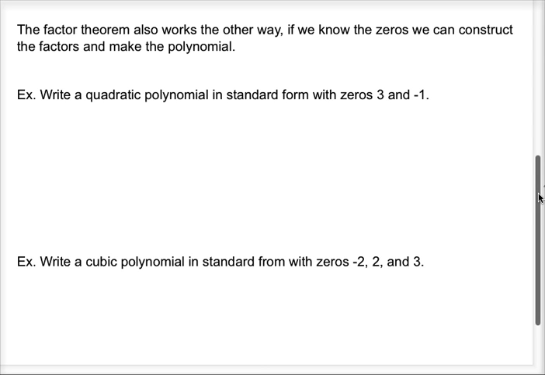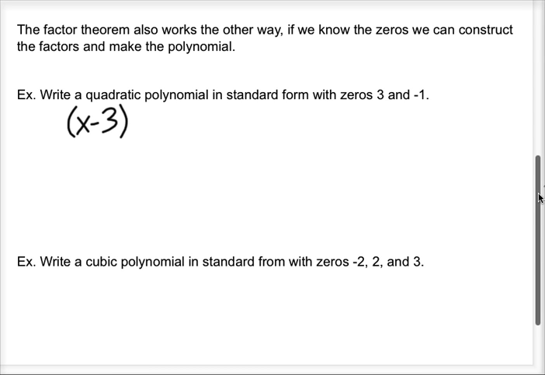All right, so if I have a 0 at 3, let's think of what that would look like. Well, remember we're always getting the opposite behavior. So if my 0 is at 3, that means my factor has to be x minus 3.